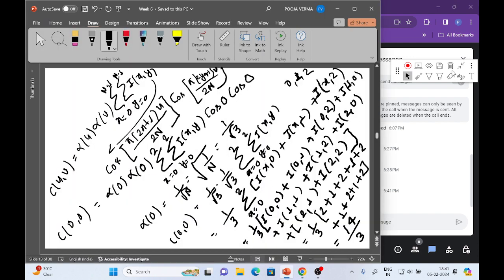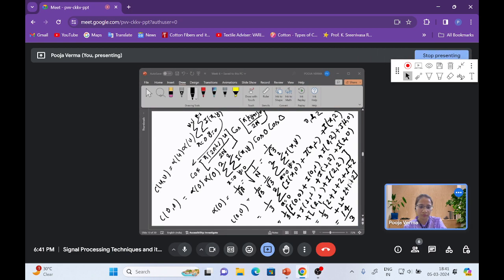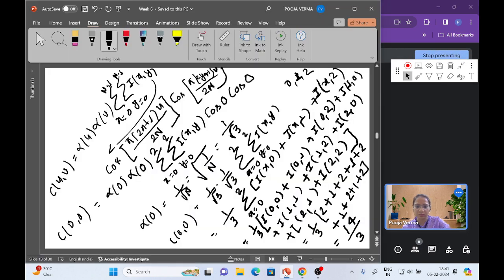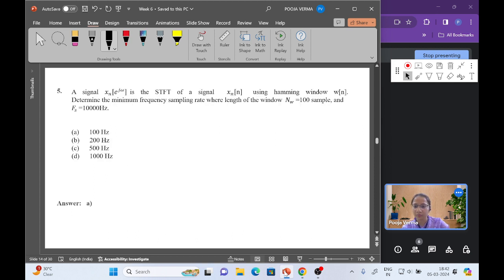So moving to the next question. A signal X of e to the power j omega is the STFT of a signal x of n using Hamming window w of n.